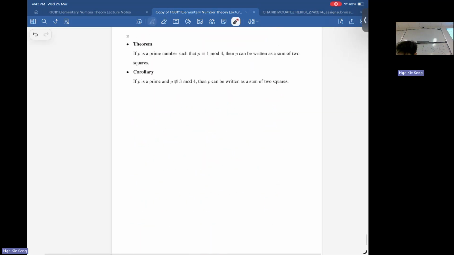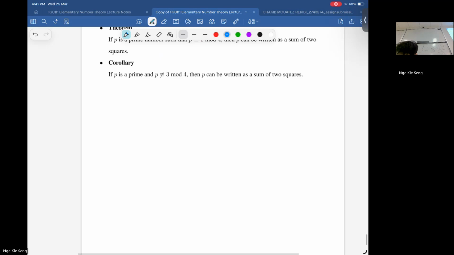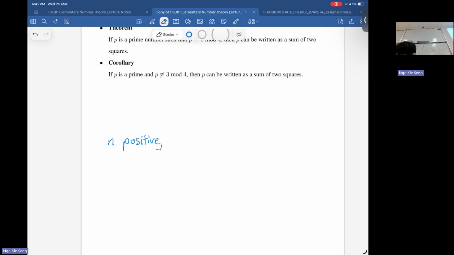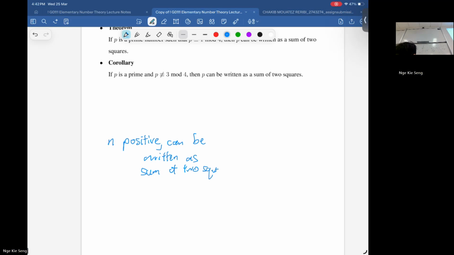So previously we have: n positive, can be written as a sum of 2 squares implies that n cannot be 3 mod 4.